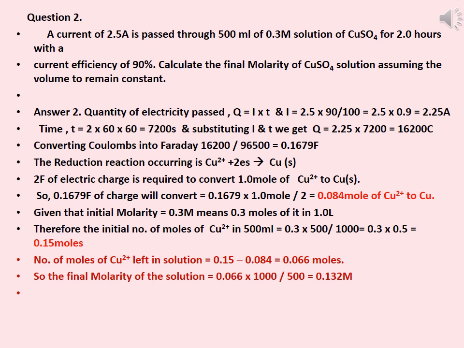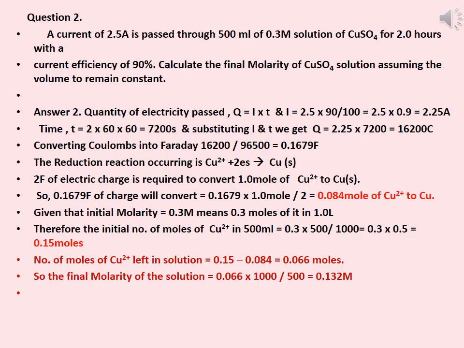That means only 90% of it is used. Hence, 2.5 into 90 by 100, which is 2.25 amperes. So, 2.25 amperes of current only is passed through the electrolytic cell containing copper sulfate solution.